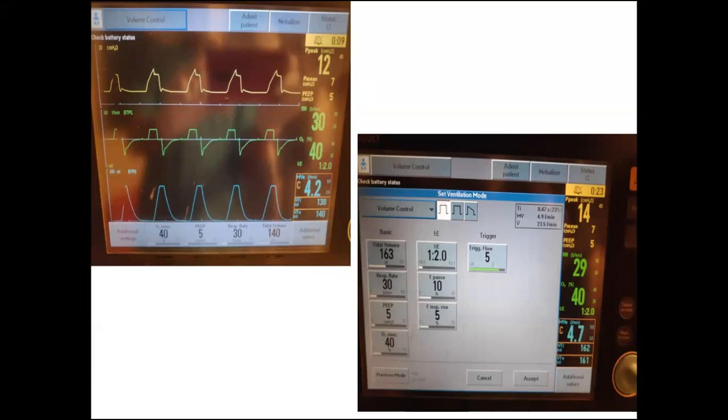Yes, it's again volume control, because there's no constant pressure or constant flow here. Understood? If you have a constant pressure, it's pressure control. But if you don't have constant pressure like this, and even the flow is not constant, you can tell that it's volume control with decelerating flow. So when you are able to modify the flows, you can change the flow pattern in volume control also.